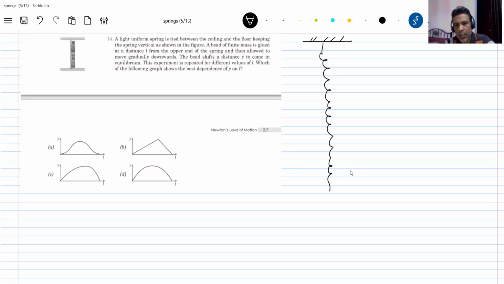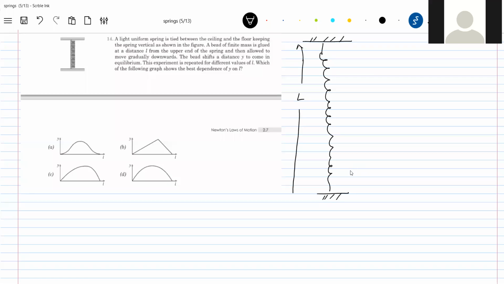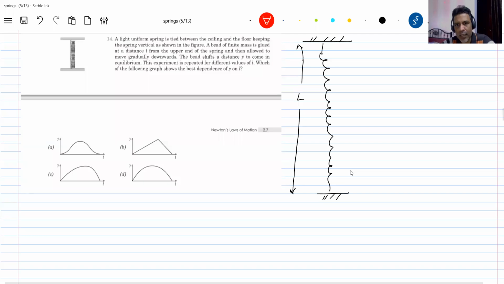Okay, this is the spring. Natural length of the spring, how much it is, that is what L tells. This is a length. So now I'll take a bead and bring it here.